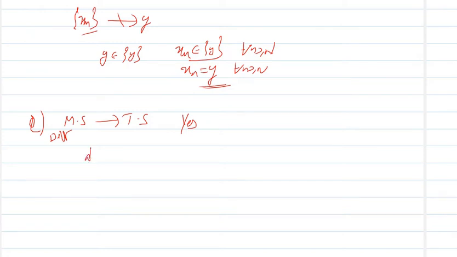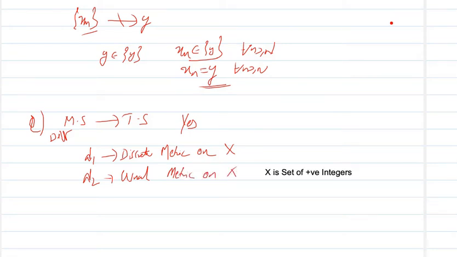One, I am calling it D1, let it be the discrete metric on X, and D2 be the usual metric on X. So D1 clearly induces a topology, and we know that is the discrete topology.